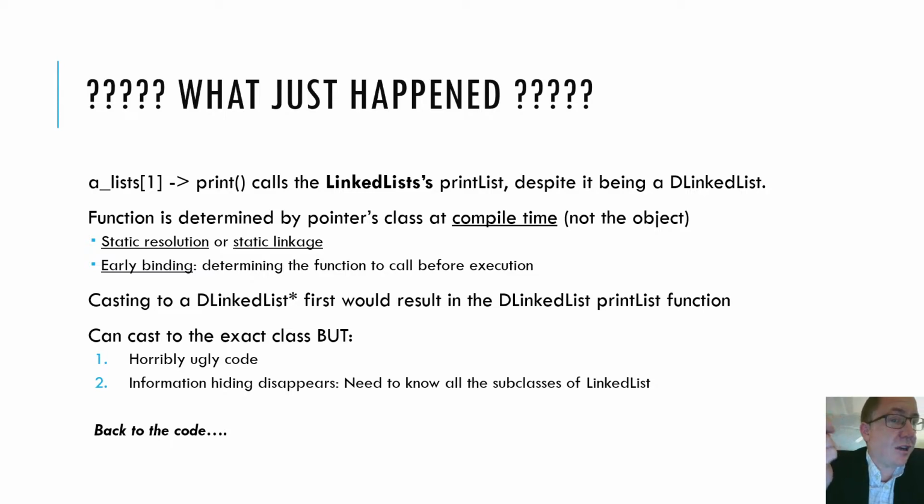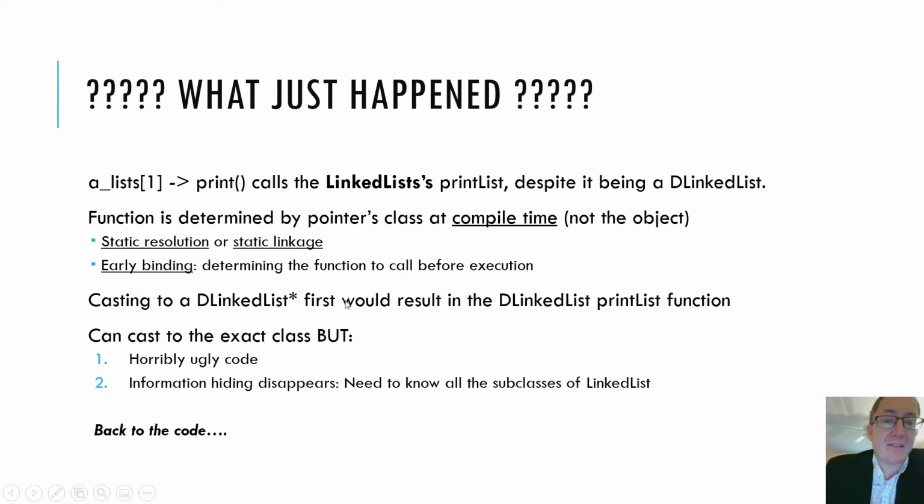For static binding, static resolution, static linkage, it means I bind it early. It means I figure out what the call is based off of what's in the array. If I don't say it's a rectangle explicitly, but I make a rectangle and put it in an array of shapes, what ends up happening is it just calls the shape version.